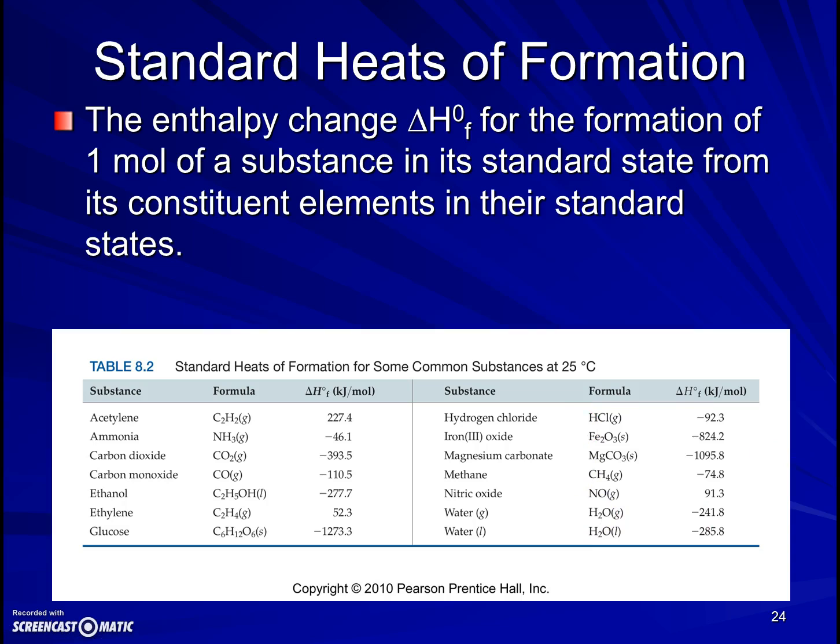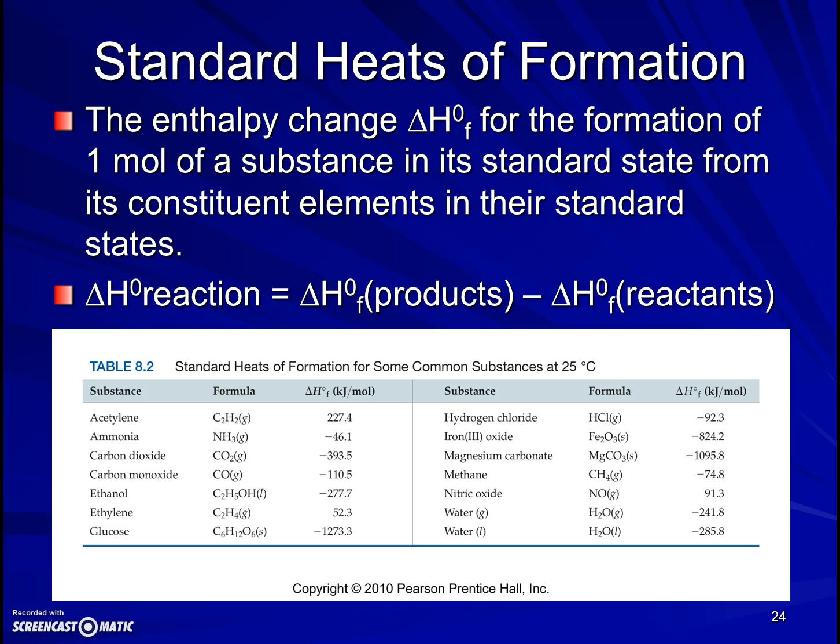So we'll write out those reactions and see what that means, and then see how we can use these numbers to calculate delta H's based on Hess's law for reactions other than forming compounds from their elements at standard state.